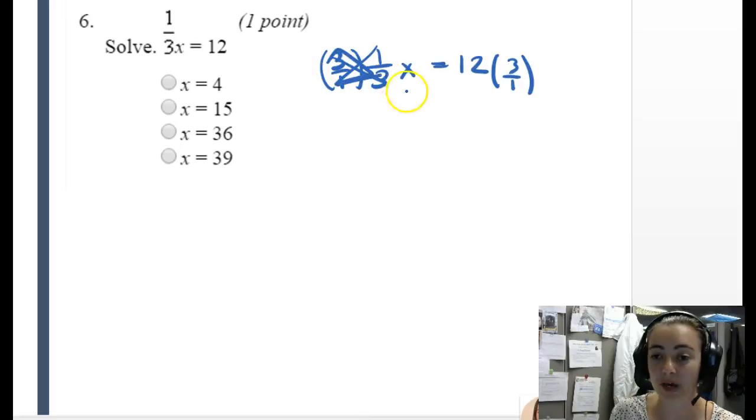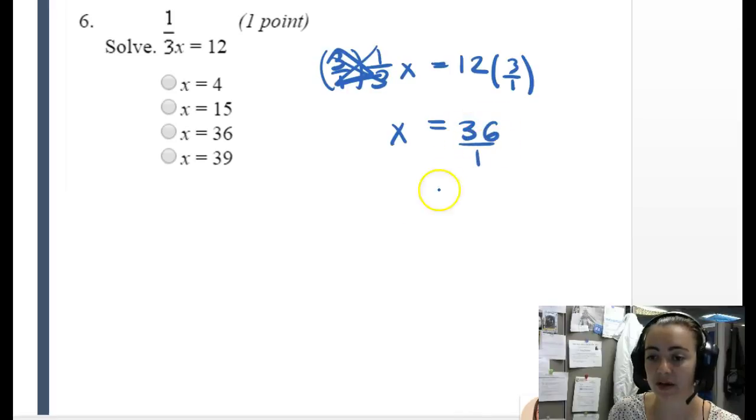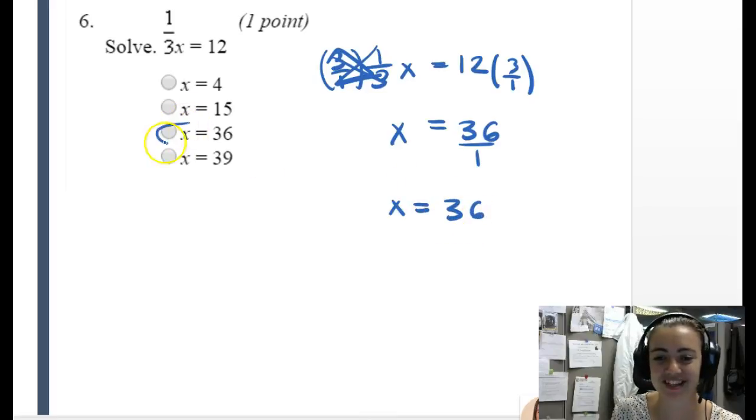Those would both make 1, so you just have x is equal to 12 times 3 divided by 1. So 12 times 3 is 36 divided by 1. Well, anything divided by 1, anything put into one group is itself. So x is equal to 36, which is the third option.